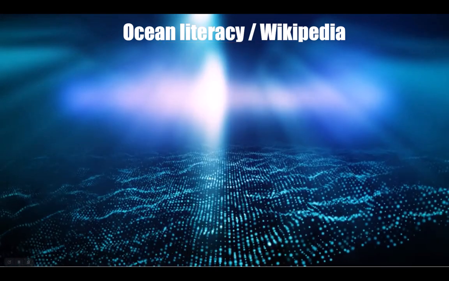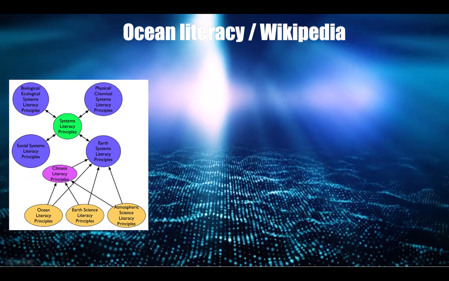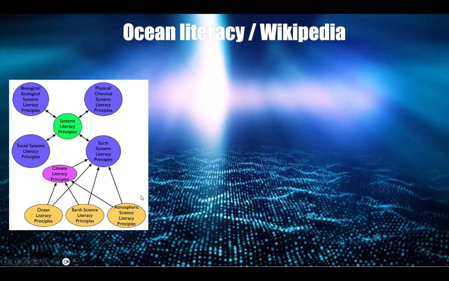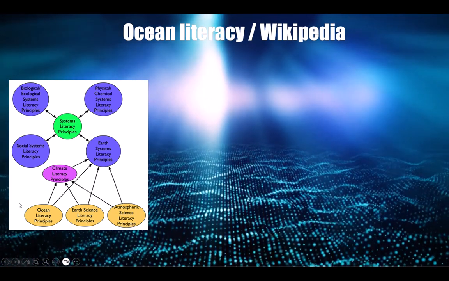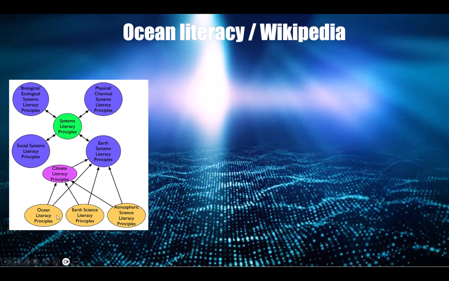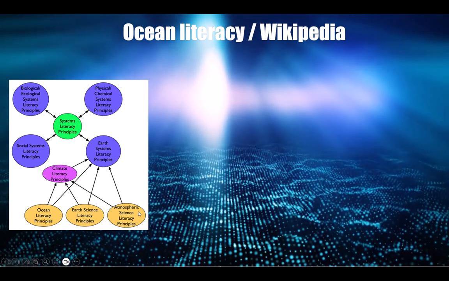But then I will show what is the systemic approach to ocean. This is the system literature picture here. This is the traditional study, ocean literature, earth science and atomistic science.